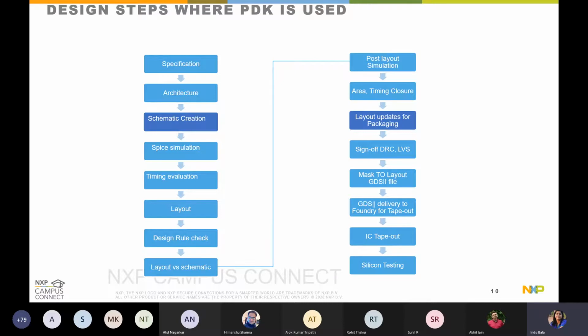Then for layout, you use the parameterized layouts which are part of the PDK. You use the design rules, the guidelines, and the tech files, which define your design rules for creating a layout for that particular foundry or technology.